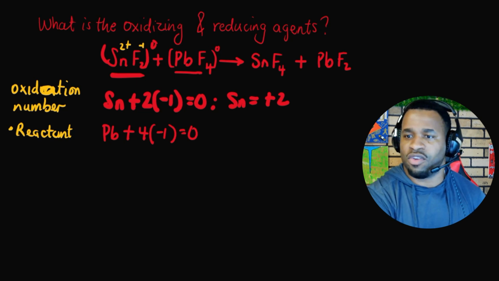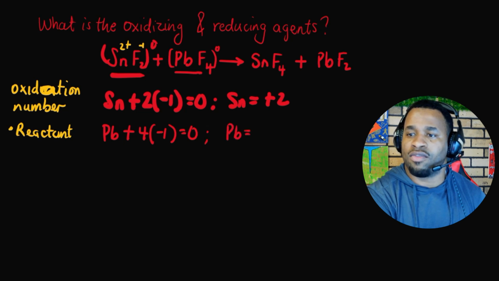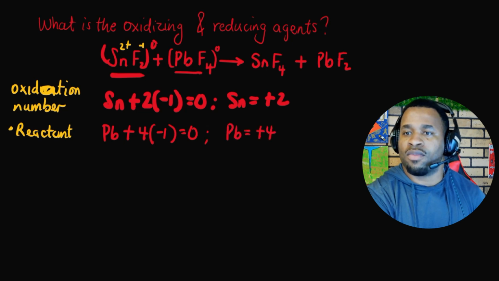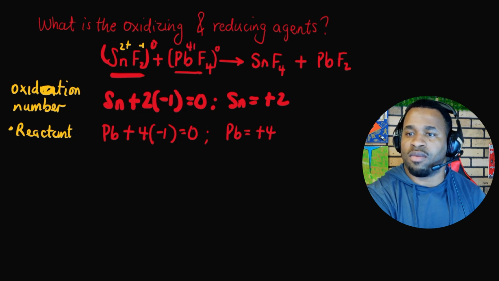Therefore, to solve for our lead at the reactant end, lead is +4, and fluoride is still -1. So let's look at the product end.